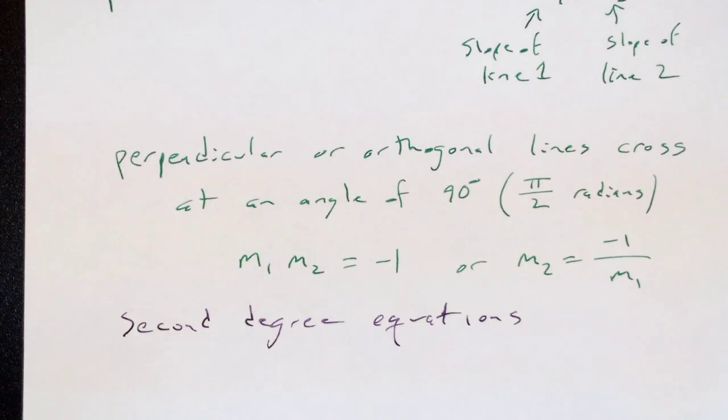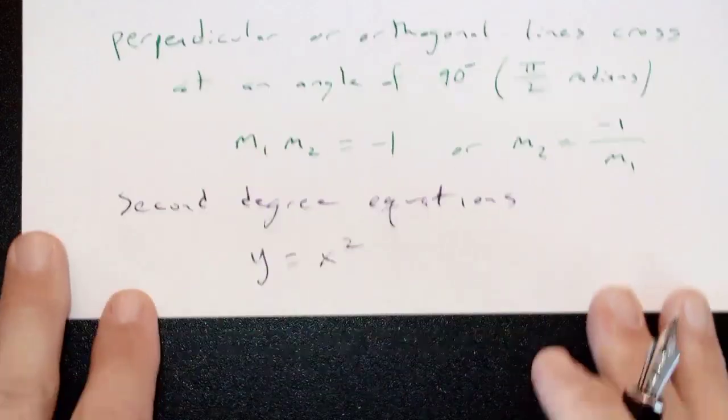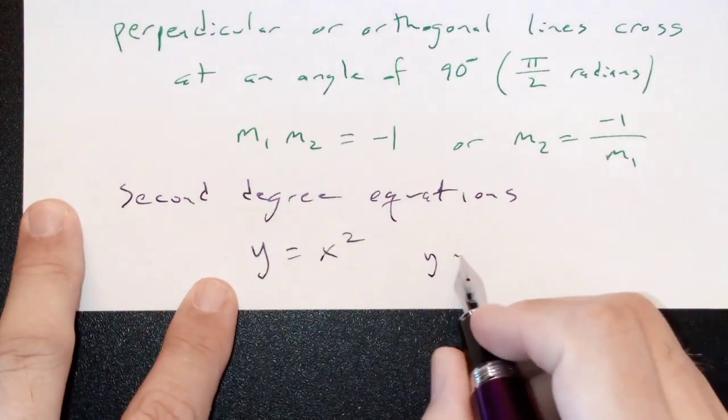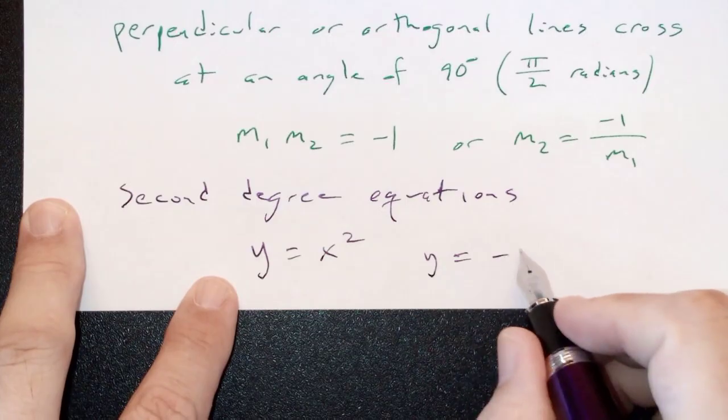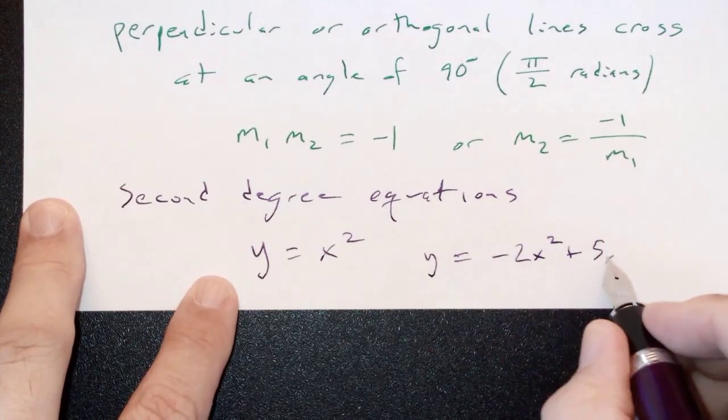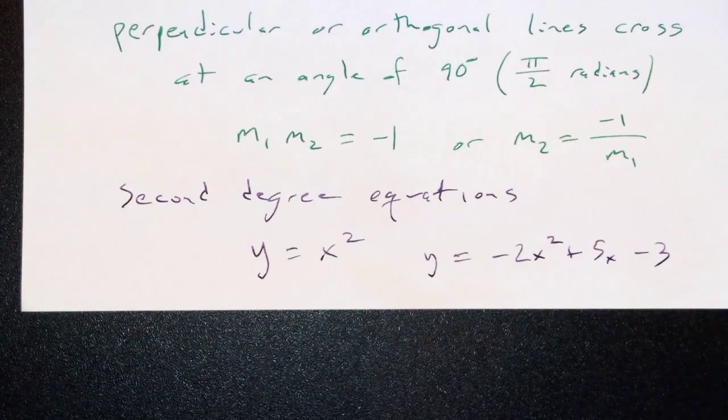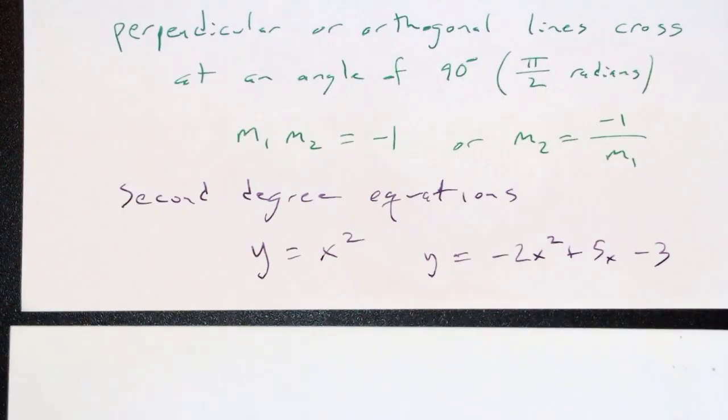It depends on what's raised second, right? I'm pretty sure what you're thinking of is an equation that looks like this. Or maybe something like that, right? Yeah, that's going to give me a parabola.